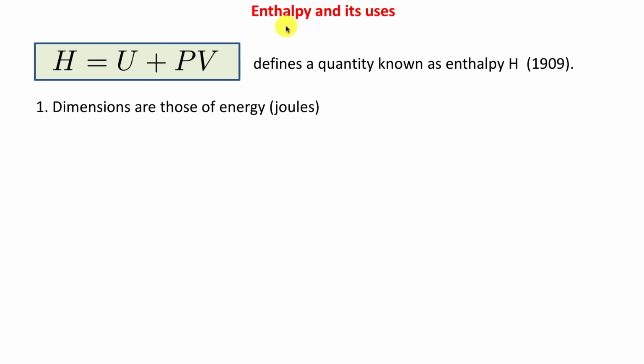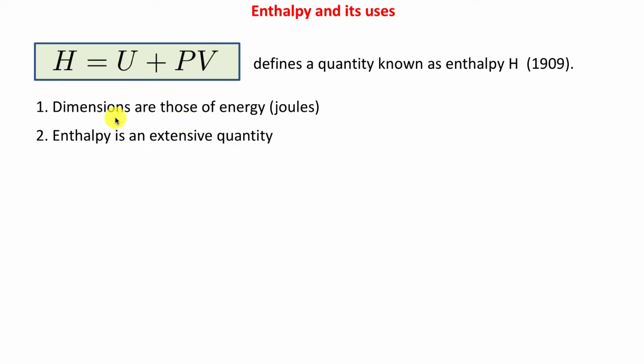To overcome this, there's a quantity that is called enthalpy. Chemists use this quite a lot. Enthalpy has the symbol H, and H is defined as the internal energy U plus the product of the pressure into the volume. Now, this was defined more than 100 years ago by Kamerlingh Onnes in 1909. Let's see what we can say about H. First of all, it's pretty obvious that its dimensions are those of energy, because you're adding energy to energy, joules.